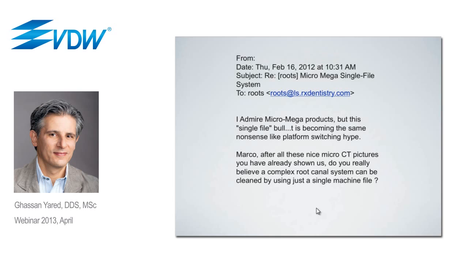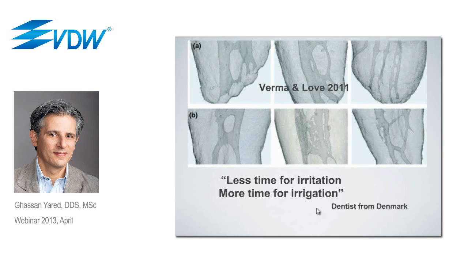So Dr. Stefanov was telling him, when we see all the micro CT pictures referring to the work of Marco, how can we believe that a single file machine can clean those systems? We know from the literature, from Dr. Versiani's papers, that almost any tooth had a complex root canal system.